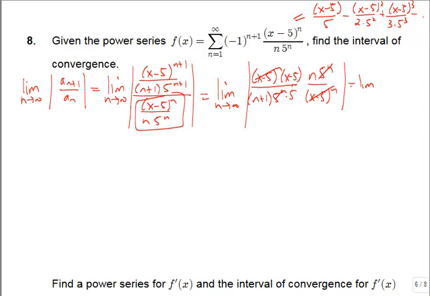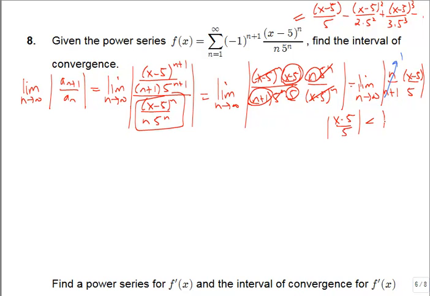What we're left with is this n over this n plus 1, and then this x minus 5 over this 5. In the limit, the n's are going to act like an n over n, which goes to 1. So this is going to be 1 times the absolute value of x minus 5 over 5.